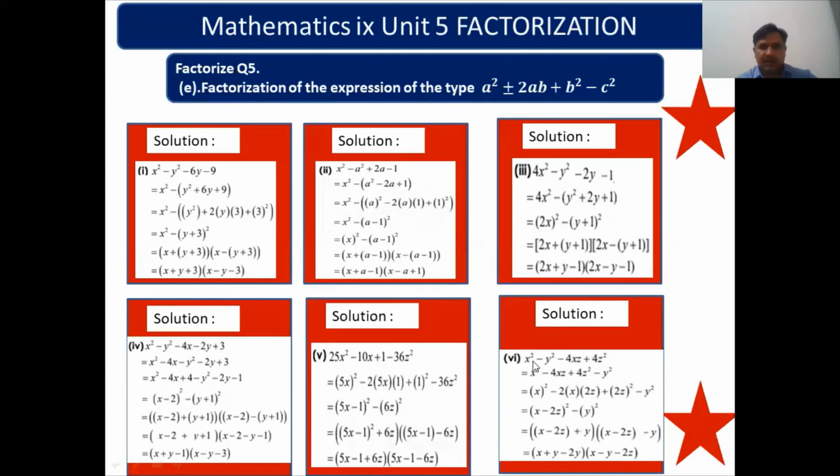Part 6, x square minus y square minus 4xz plus 4z square. So rearranging in such a way that we can write this expression in complete square form. So we write x square minus 4xz plus 4z square minus y square. So x square can be written as x whole square, and 4z square can be written as 2z whole square.